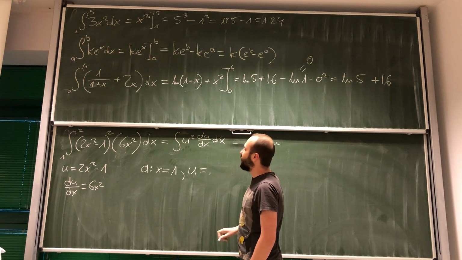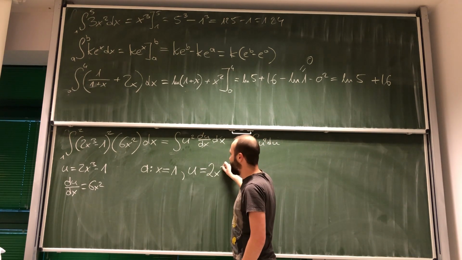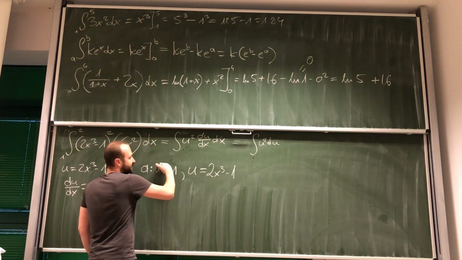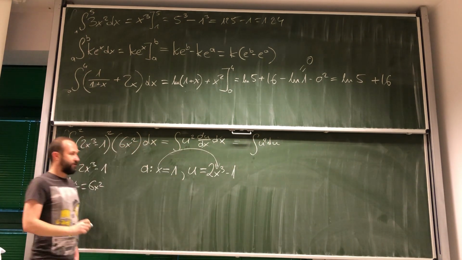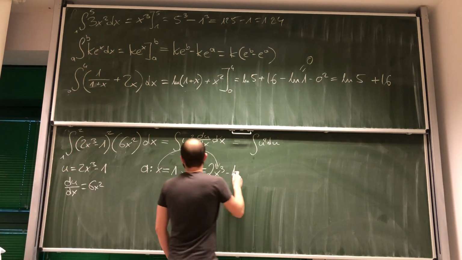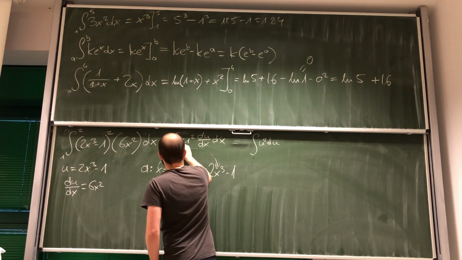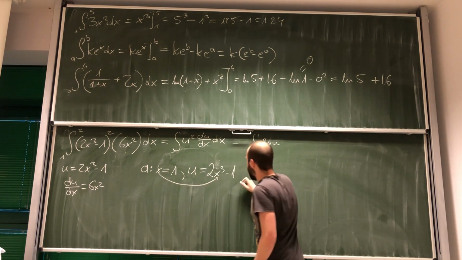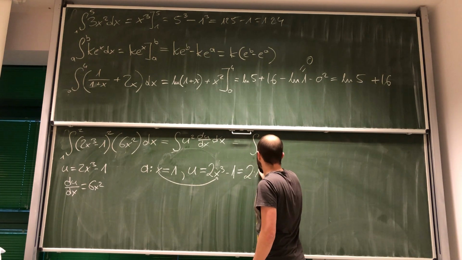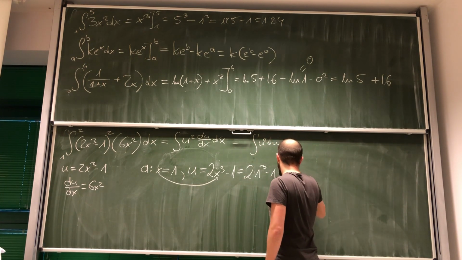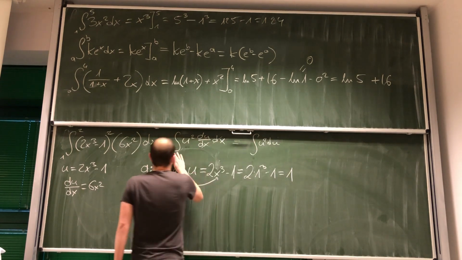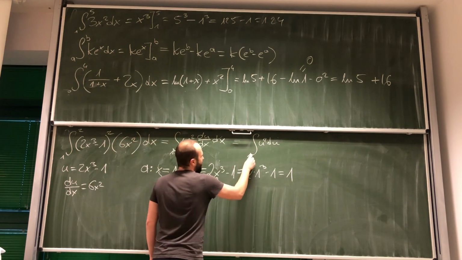So, because u is equal to 2x to the power of 3 minus 1, what I need to do is to substitute this x over here. I'm getting that this is 2 times 1 to the power of 3 minus 1, which is equal to 1. Well, as you might notice, this time it didn't make much of a difference. We still have 1 over here, 1 over here.